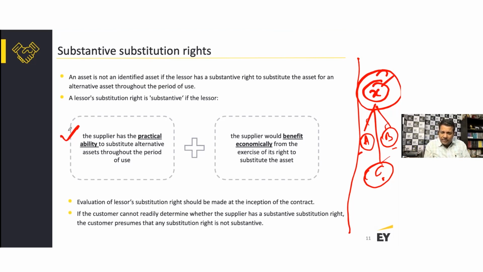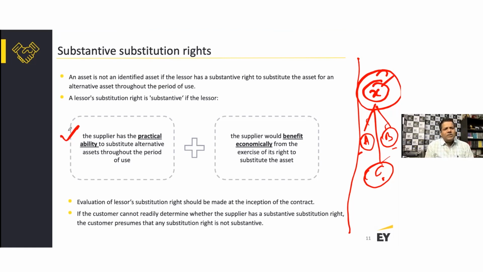So why will I do that, right? There has to be a practical ability as well as economic substance, that as a supplier, as a lessor, I would like to keep on replacing, keep on changing, because that makes business sense for me, and that is also permitted under the contractual arrangement.